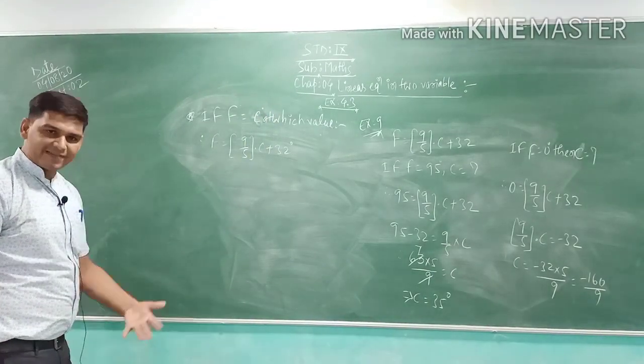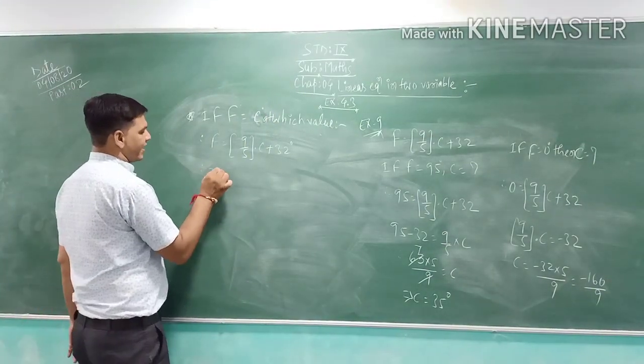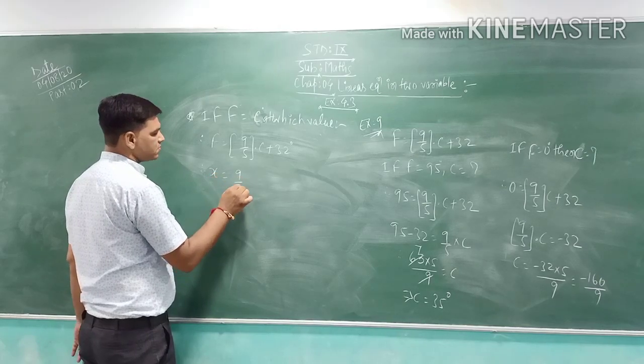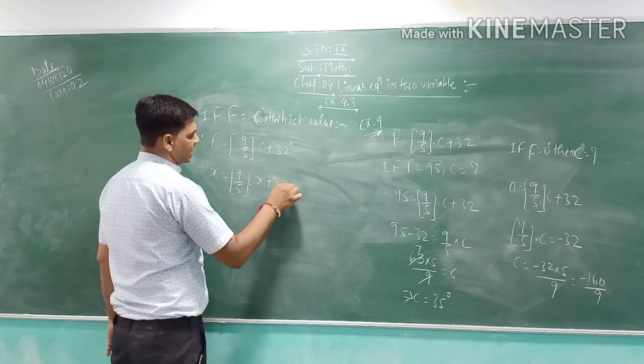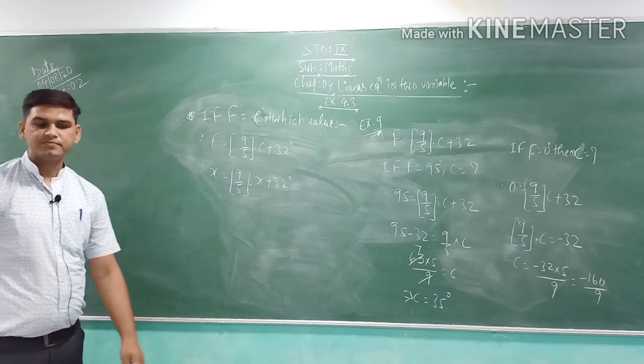We don't know that value, so let it be X. So X is equal to 9 by 5 into X plus 32.